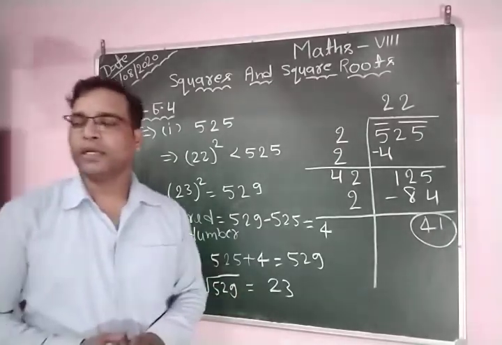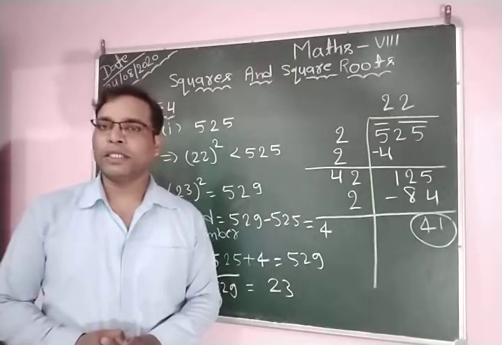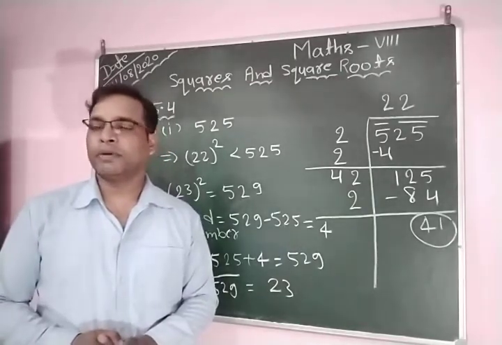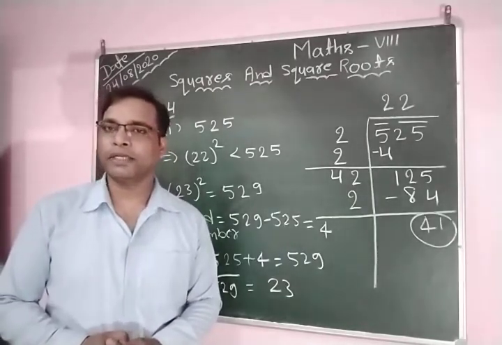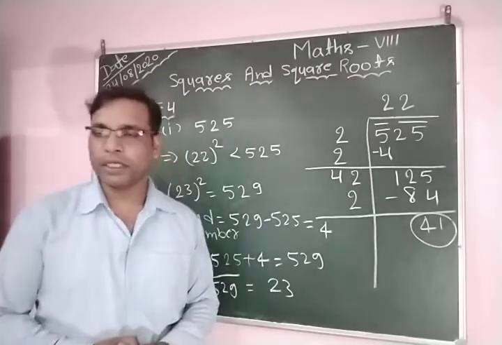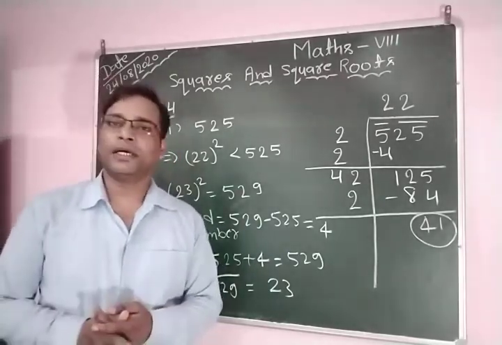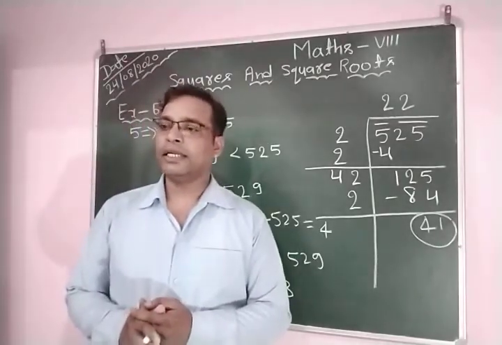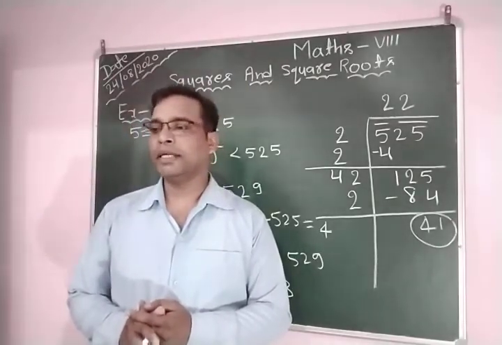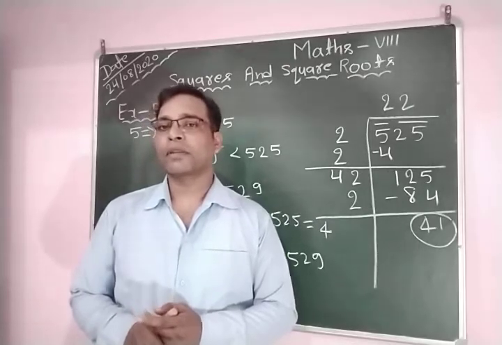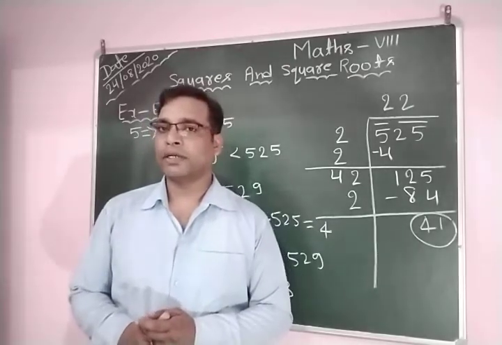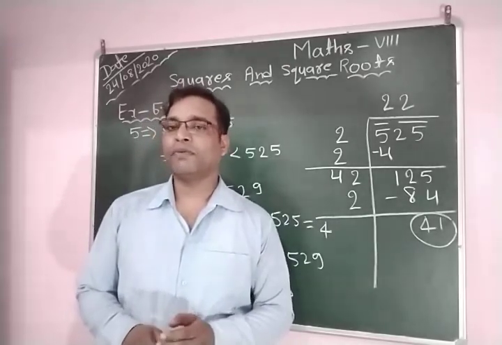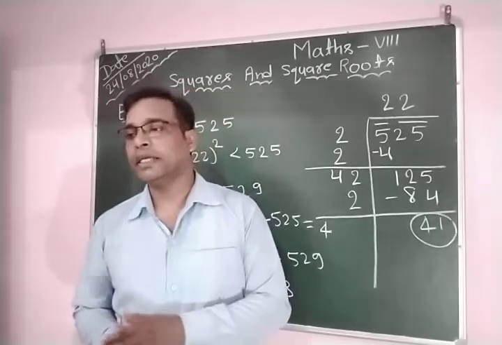So you can say the square root of 529 is 23. Okay. Now the next number is 1750. We need to find the least number that we add to 1750 so that it becomes a perfect square number. Okay. After this we find the square root of this number.